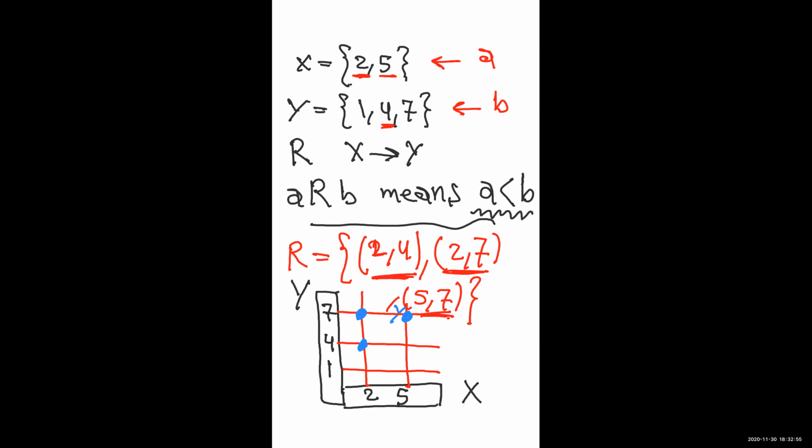I would do this if this question is given to me in the exam. You will draw it like this, using the perpendicular net, and then represent the points on the perpendicular net: 2 and 4, 2 and 7, 5 and 7. You can also write it down.